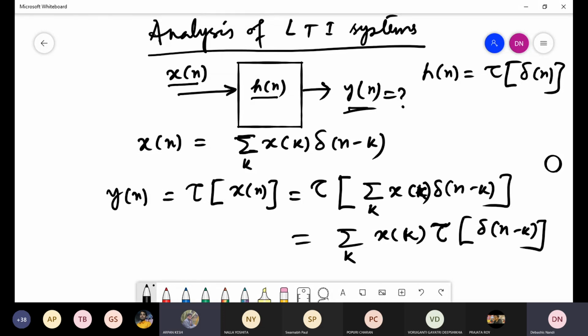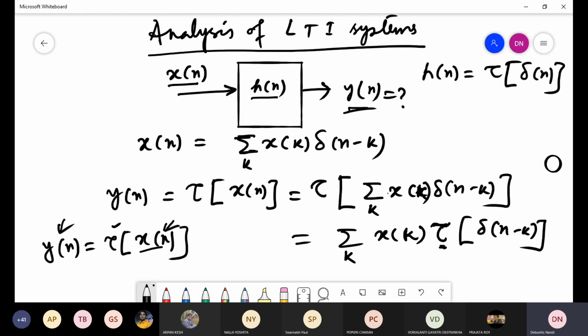You may ask why we use this transformation operator here, but not before x k. Because y n is equal to the transformation of x n, this transformation operation is used on a function which is a function of n. Then you get y n. But here k is the dummy variable.